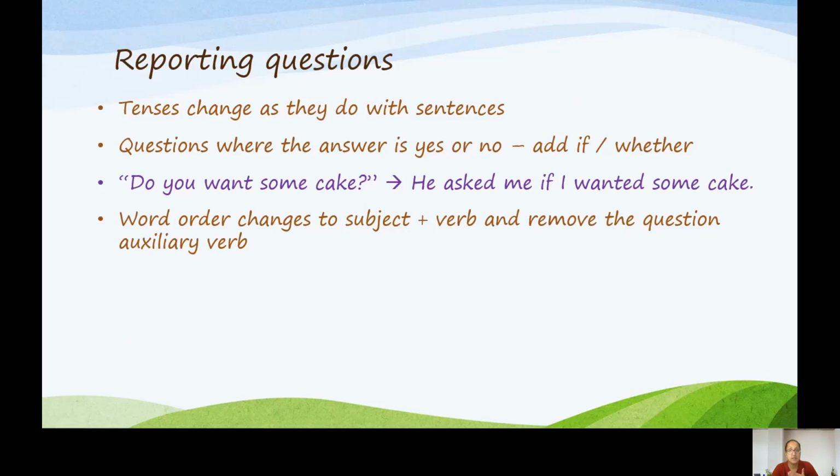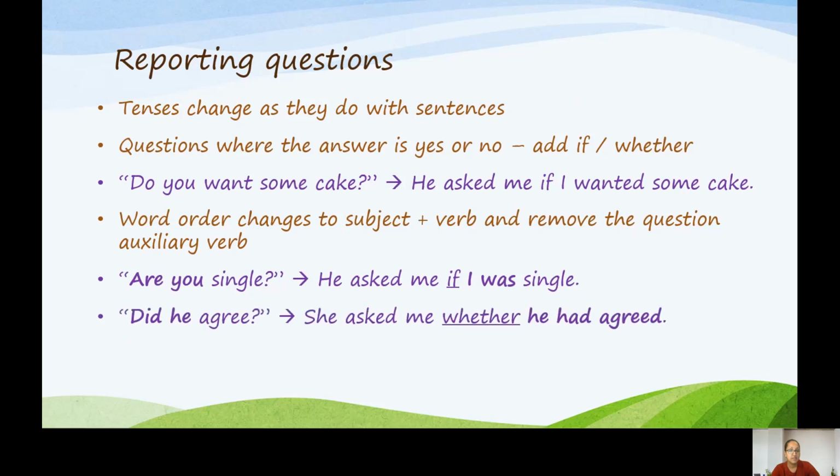I wanted. I am the subject, wanted is the verb. For example, are you single? He asked me if I was single. Did he agree? She asked me whether he had agreed.